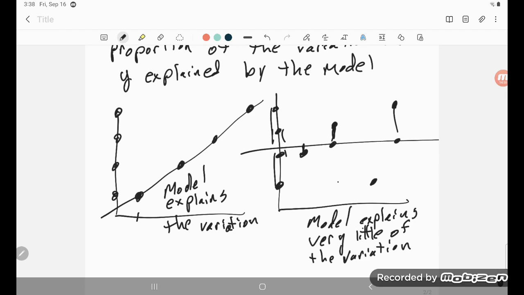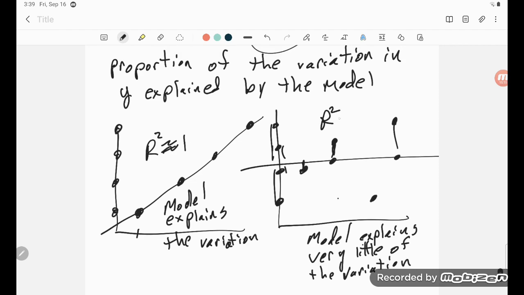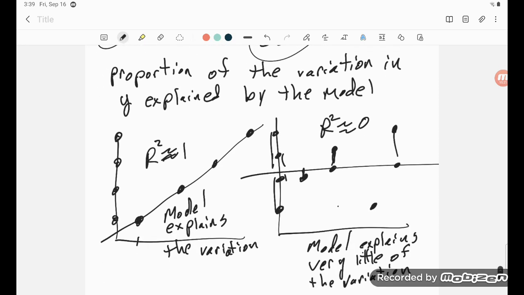So the model doesn't do a very good job of predicting that variation in the y value. And so this would have an r squared near 1, and this might have an r squared near 0. Okay, because it's the proportion explained by the model. So there we go. Hopefully that's a little better treatment of r squared than what I did in class.